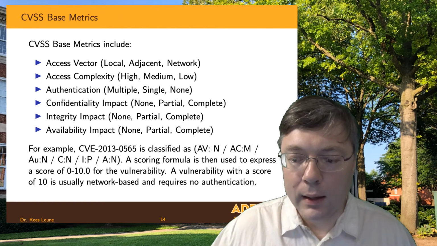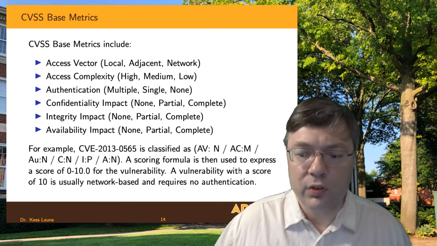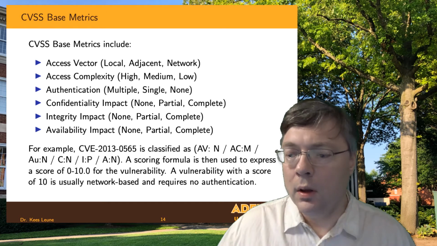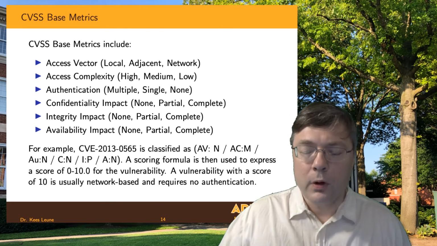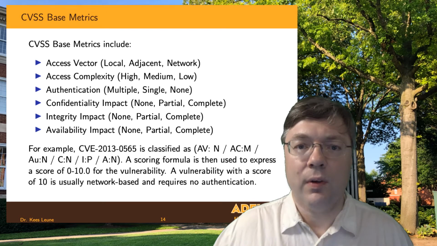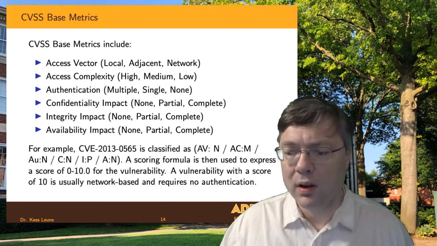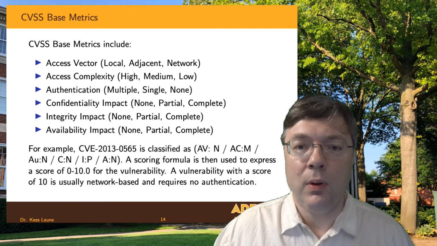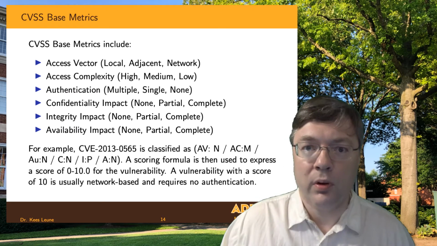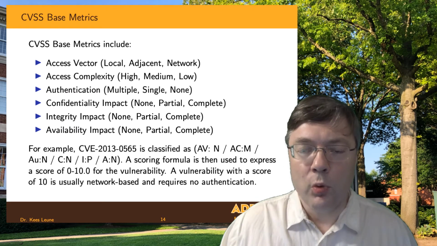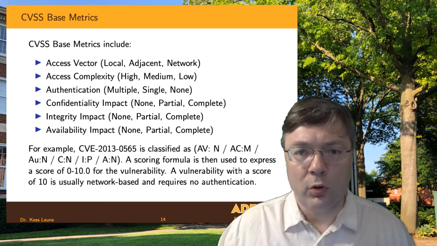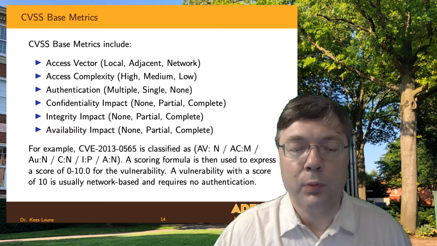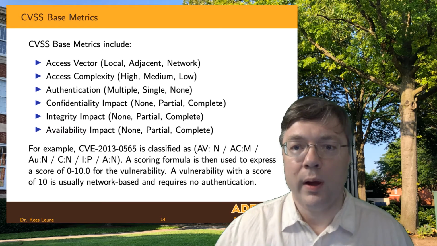Now, what do they look like? There are different versions of the CVSS, and every now and then the standard is updated. This is one of them. For example, we're going to look at the access vector. What does that mean? It means how close logically or physically do I need to be to this computer before I can exploit this vulnerability? Do I have to be local, so do I have to be on the same layer 2 network, the same local area network as the computer, in order to exploit this?